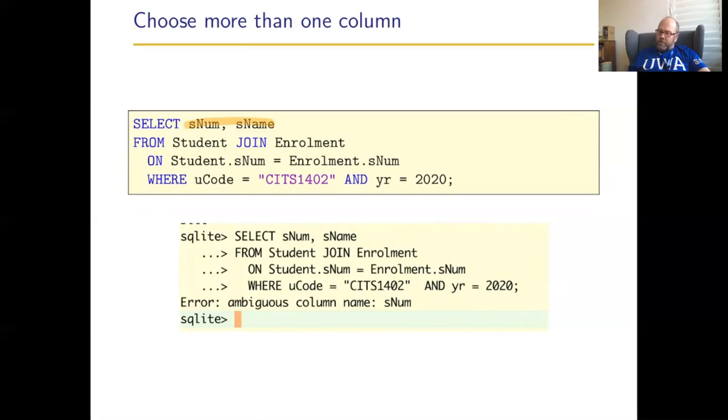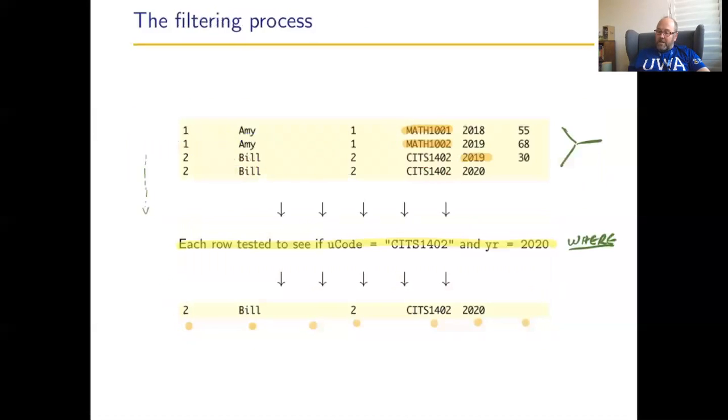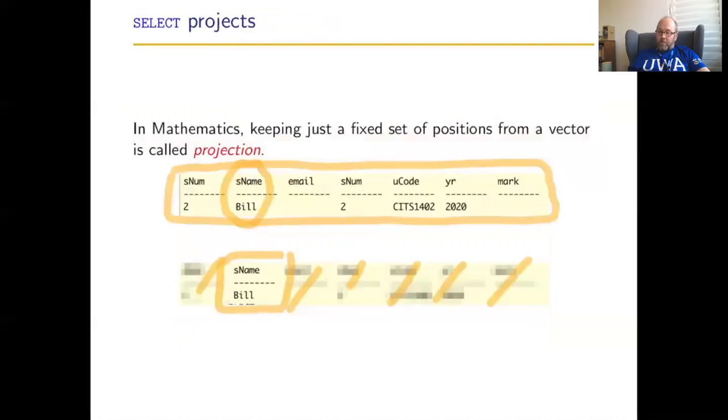Okay, now there is a slight problem here, though, because when I run that, I've asked for snum and sname, but unfortunately, snum appears in both tables, student and enrollment. So the table that's passed in has got two columns called snum.